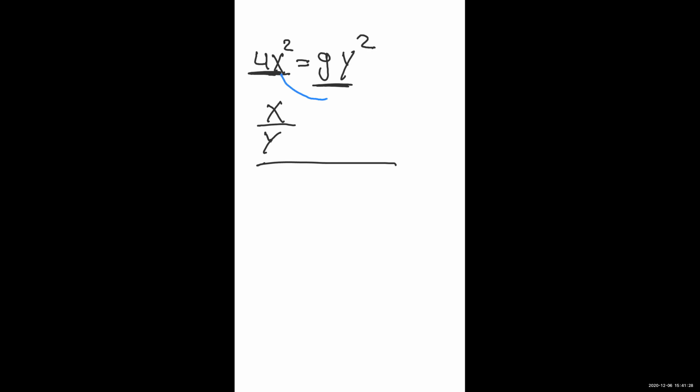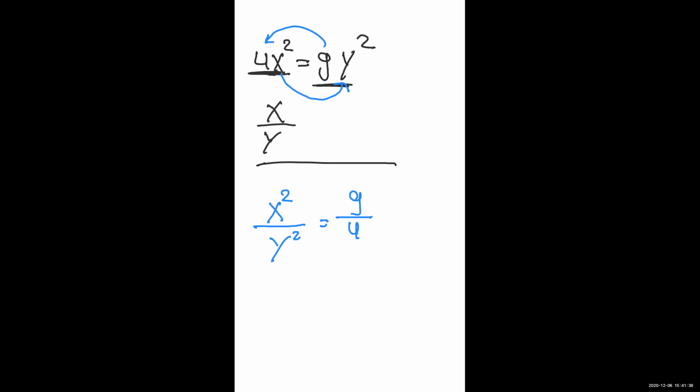Okay. The first question, guys: if 4x squared equals 9y squared, then I want to get x over y. Simply like before, x squared over y squared will equal 9 over 4, right?